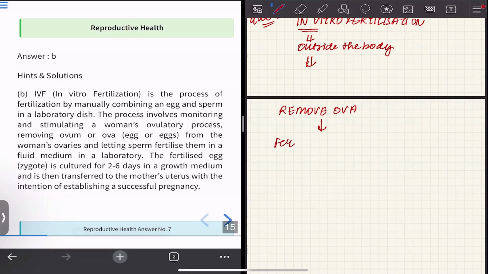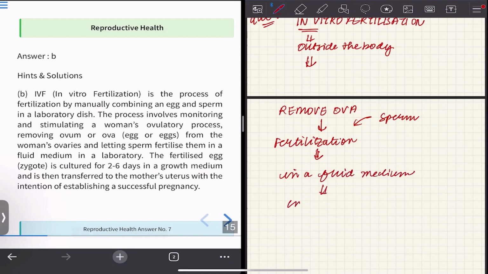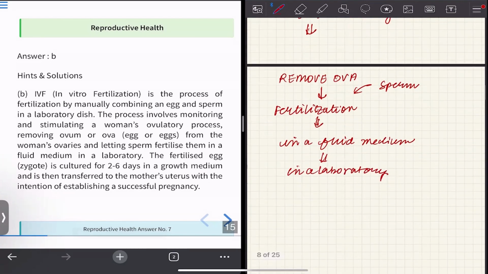So, fertilization takes place with the help of sperm. Where does this take place? In a fluid medium, in a laboratory. And then it is inserted into the fallopian tube of the women.